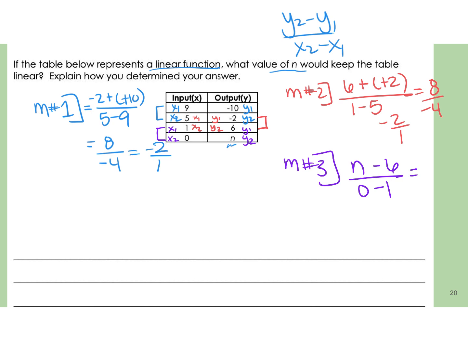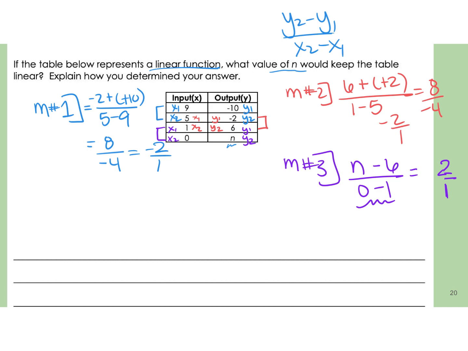And I know what the slope needs to be. The slope needs to be negative, and it needs to be 2 over 1. 0 minus 1 gives me the negative already. So let me move that so it's not confusing. It has to be negative.